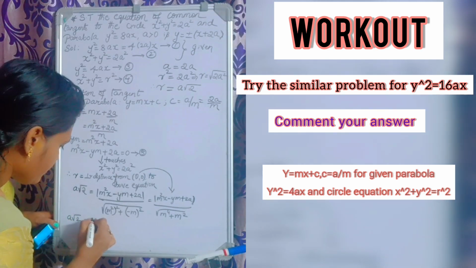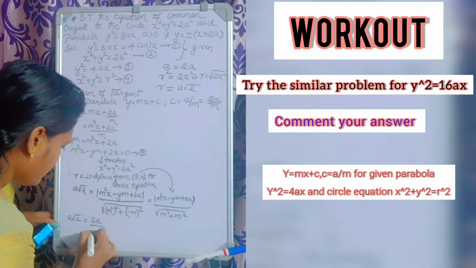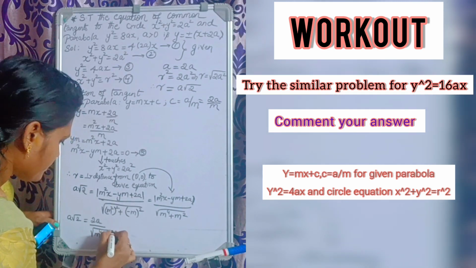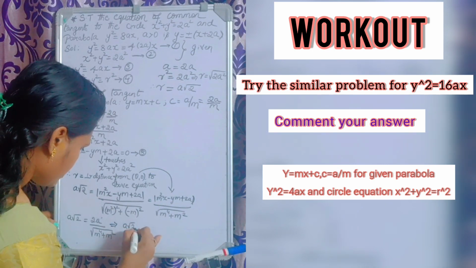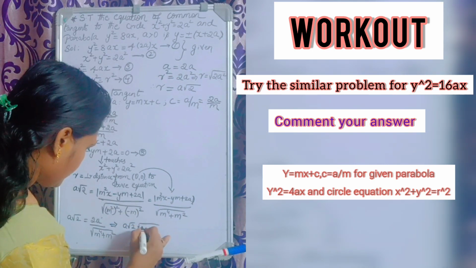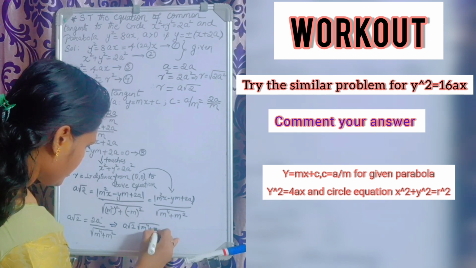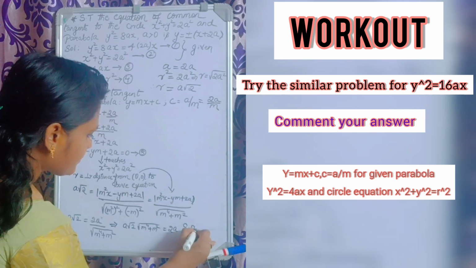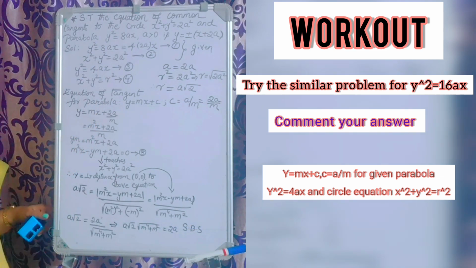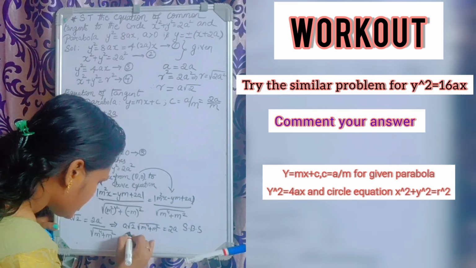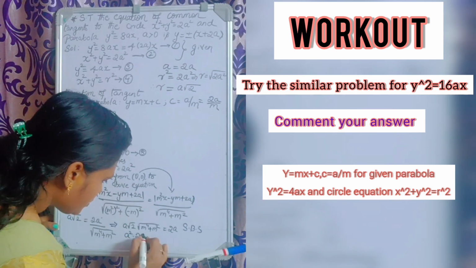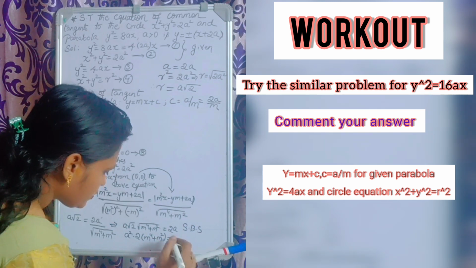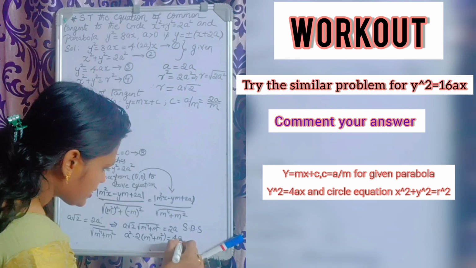Now substituting these values in this equation, we get a square root of 2 into square root of m power 4 plus m square is equal to 2a. Squaring on both sides, we get a square into 2 into m power 4 plus m square is equal to 4 a square.